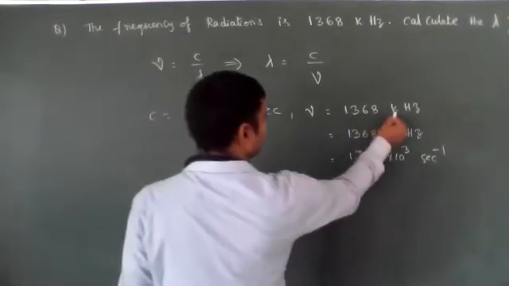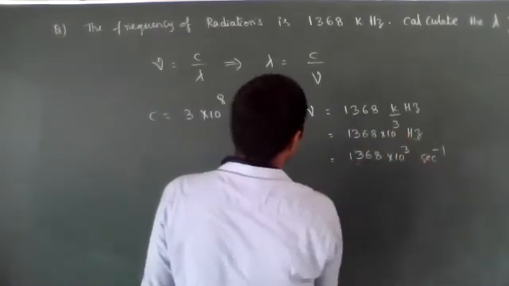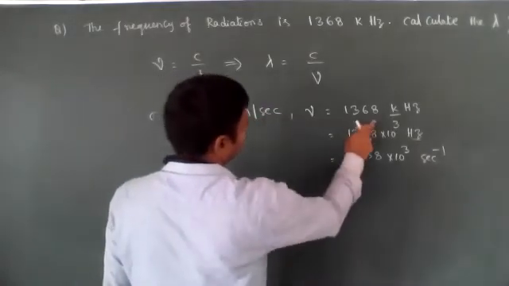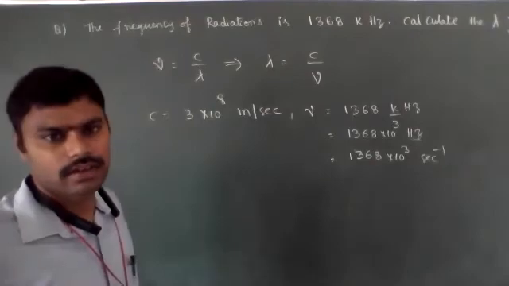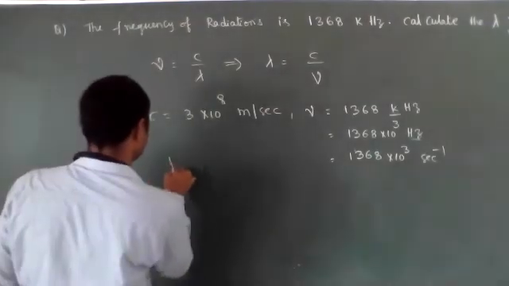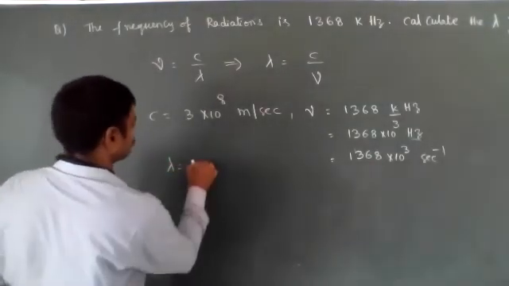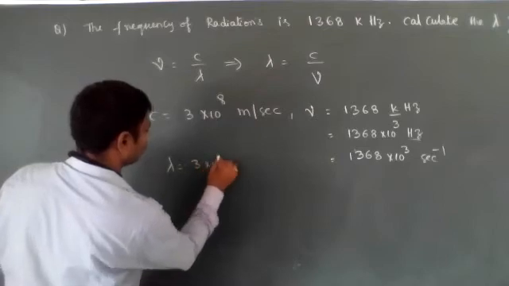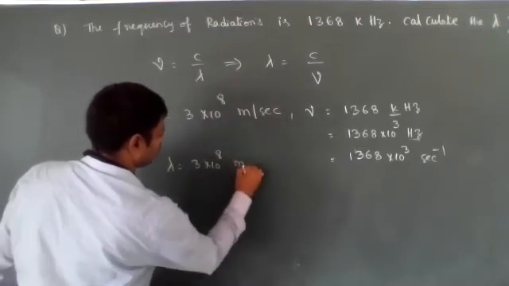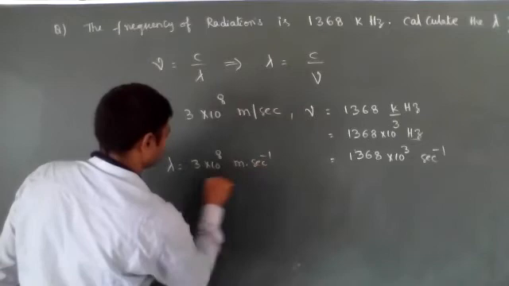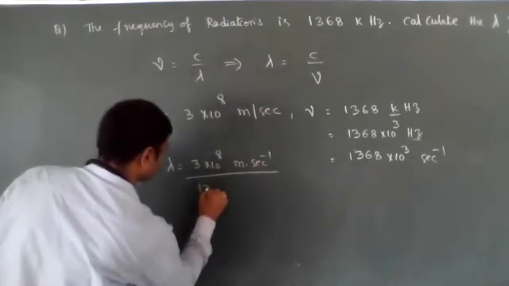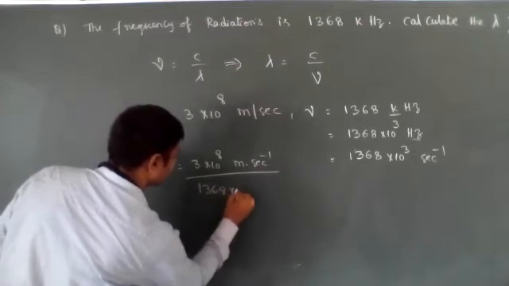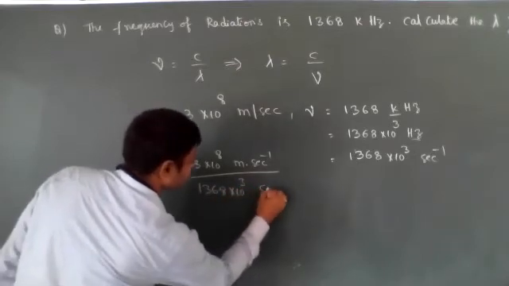Why did I convert kilohertz into hertz? Because the units must be expressed in terms of hertz or second inverse only. Then lambda is equal to c, 3 into 10 to the power of 8 meter per second, by frequency, 1368 into 10 to the power of 3 second inverse.